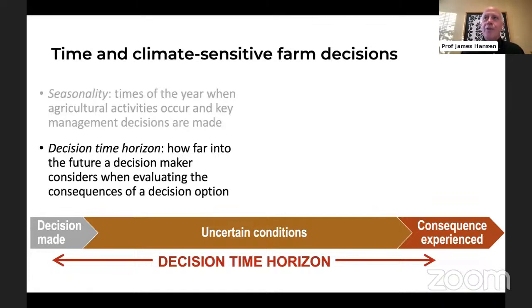And this is one of the fundamental challenges for climate-sensitive agricultural decision-making, that period of time when climate conditions may impact the consequences between when the farmer has to make decisions and when those experiences are realized.